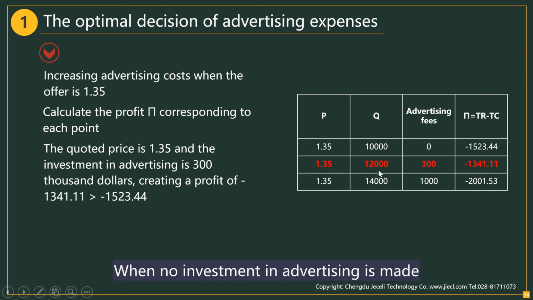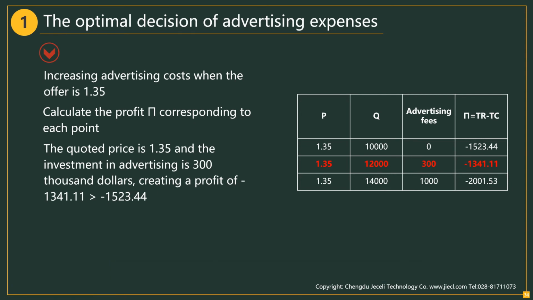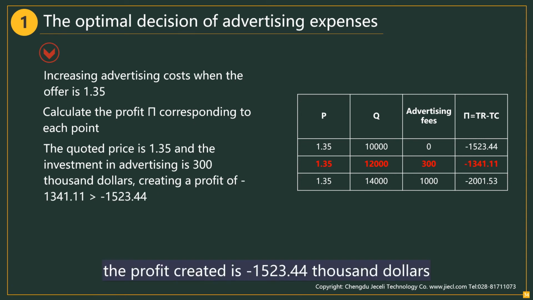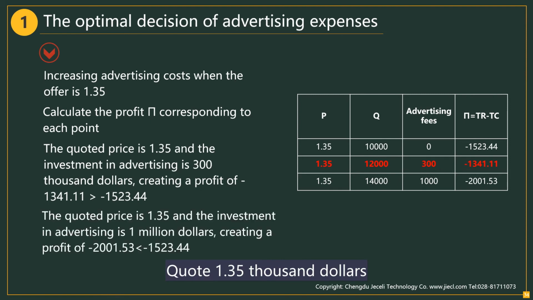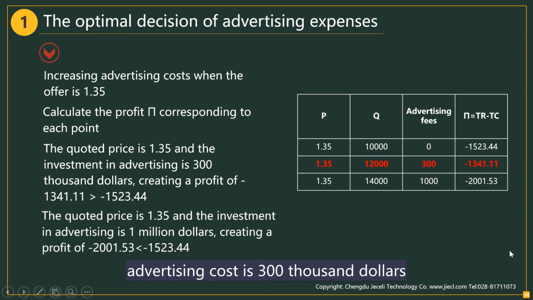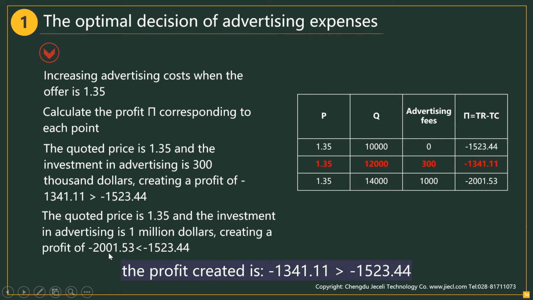When no investment in advertising is made, the profit created is minus $1,523.44 thousand. Quote $1,350,000, advertising cost $300,000: the profit created is minus $1,341.11 thousand, which is more than minus $1,523.44.